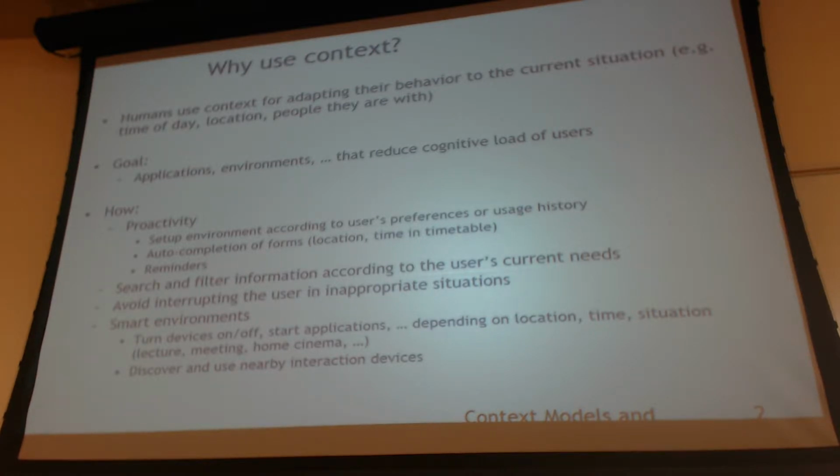This we have already studied a little bit when we were talking about proactive application adaptation. So one simple answer is context can be used in proactive application adaptation. With proactivity, you can set up the environment according to user preferences or usage history, auto completion in forms.